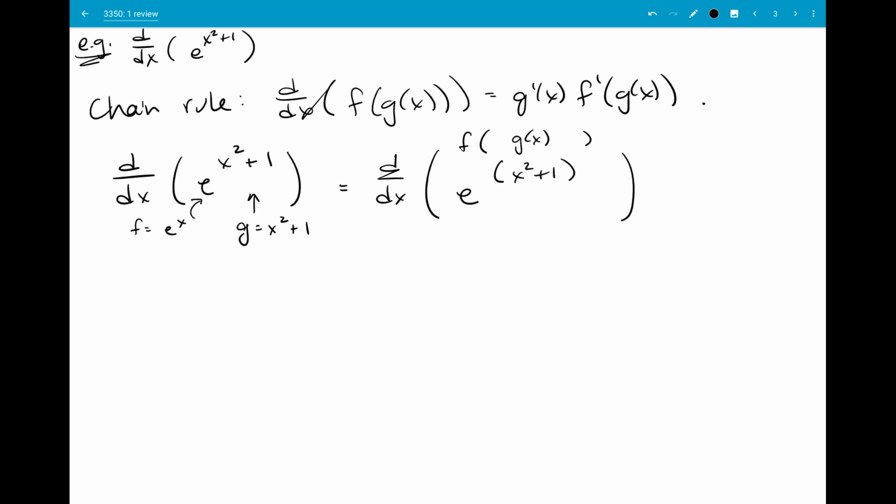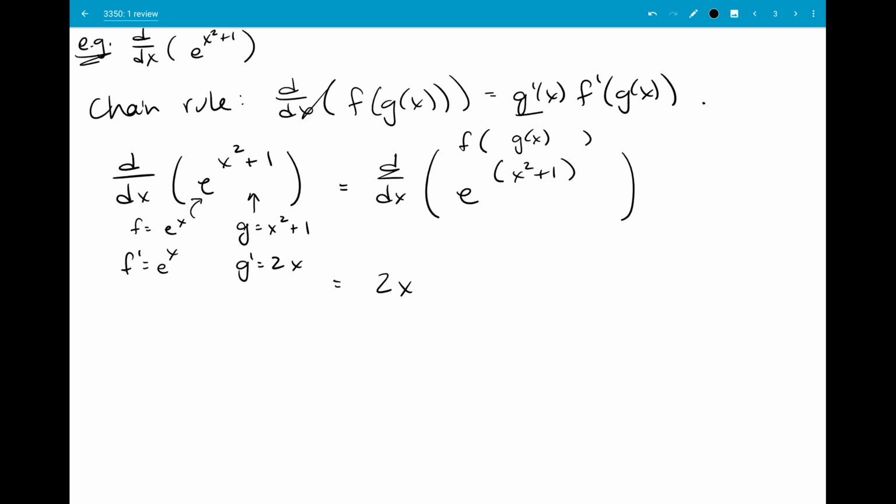And once you've identified what f and g are in your chain rule problem, you can go ahead and just follow your formula. So you take the derivative of your g function, which is going to be 2x. So you take g prime, 2x, times f prime of g of x.